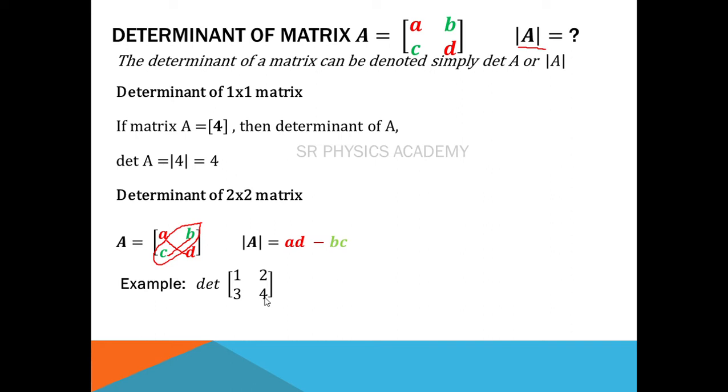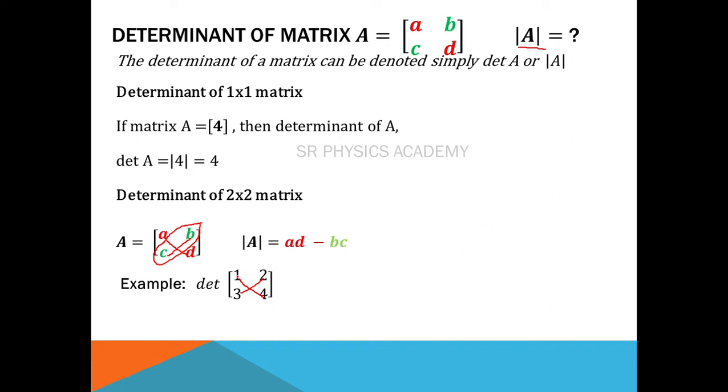The product of these two elements on this diagonal and these two elements on the other diagonal. We have to remember the X shape. The product of these two elements is 1 into 4, which is AD. Instead of A we have 1, and D is 4.